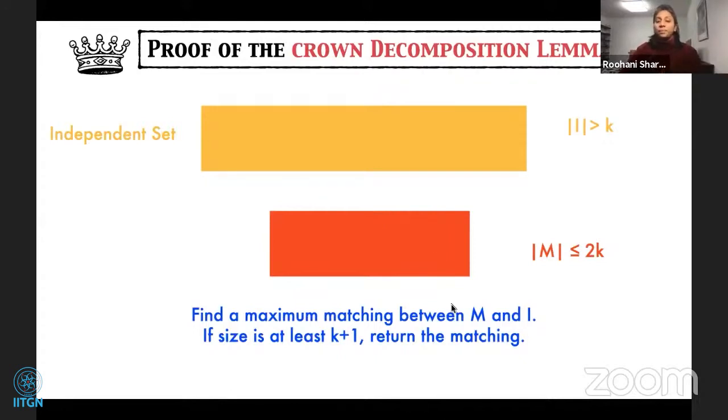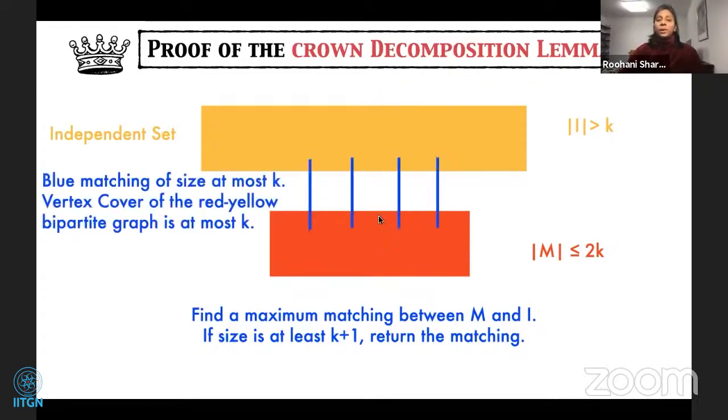Otherwise, we get a matching of size at most k, and this is the blue matching that I've drawn here. And Konig's theorem says that if there is a matching of size at most k, then there is a vertex cover of the red-yellow bipartite graph.